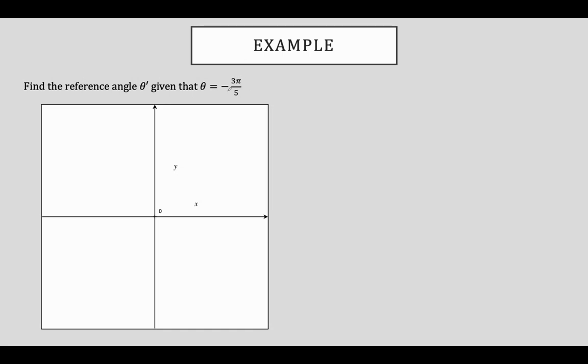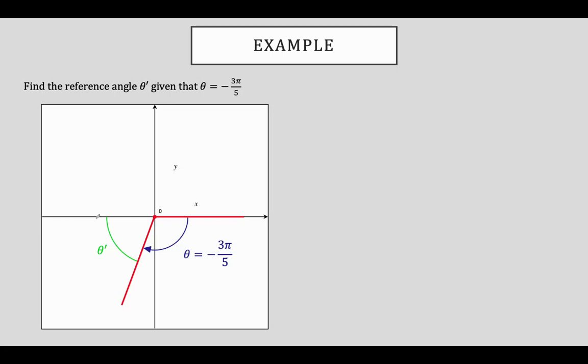Well, notice that 3/5 of pi is slightly greater than 1/2 of pi, but less than 1 pi. That means we're going to end up in quadrant number 3. There we have the angle theta equals negative 3 pi over 5. Where's my reference angle? My reference angle is going to be right here. Again, the acute angle located between the terminal side and the x-axis.